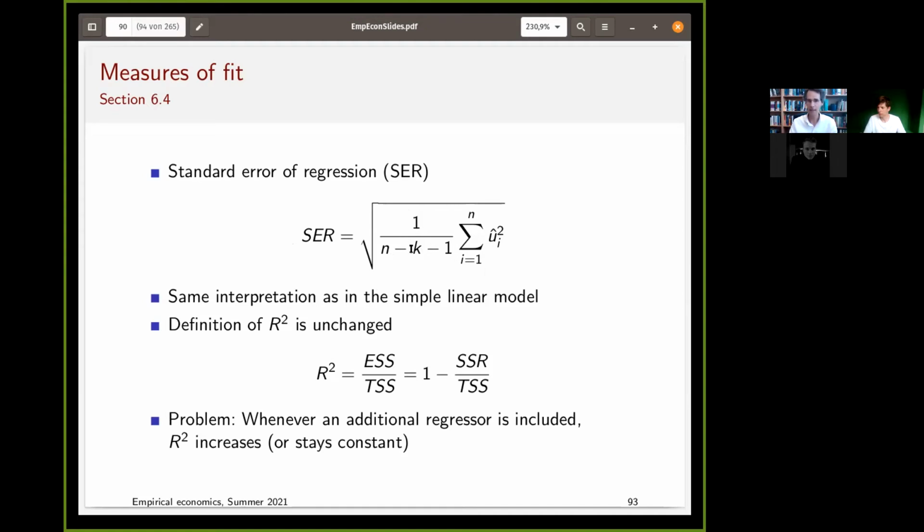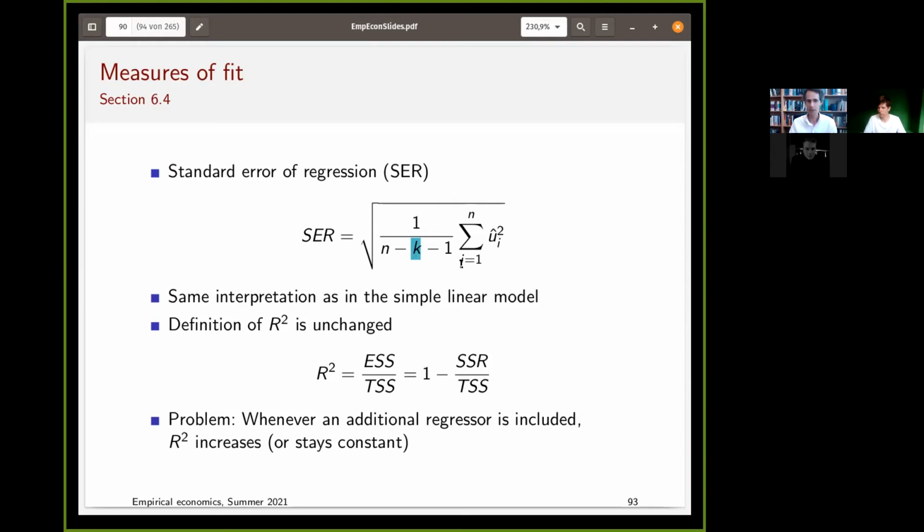So if k is equal to 1, a single regressor, then we get last week's formula as a special case. So this is a slight generalization. The only difference is that we have the k included down here.